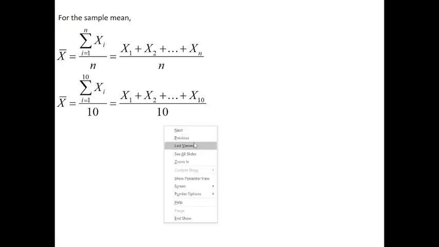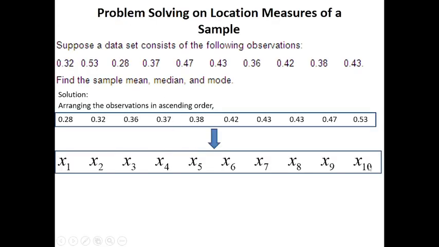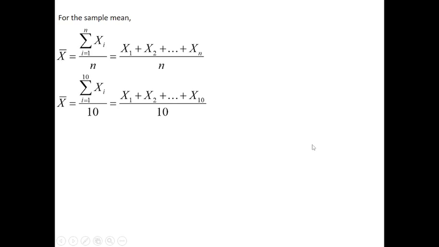So for the sample mean, this is the formula. We have 10 observations, right? So we have observations up to x of 10. We substitute all of those, and we get an answer of 0.399.